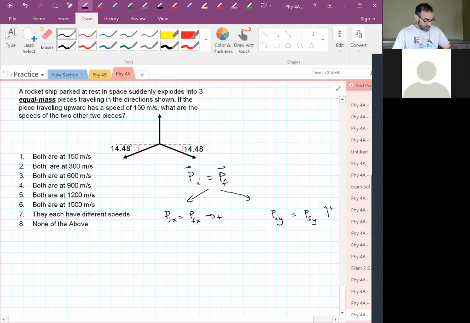Let's do the x direction first. I'm calling this my x direction and this my y direction. And let's call this one object 1, this one 2, and this one 3.